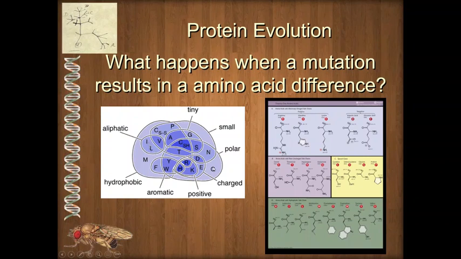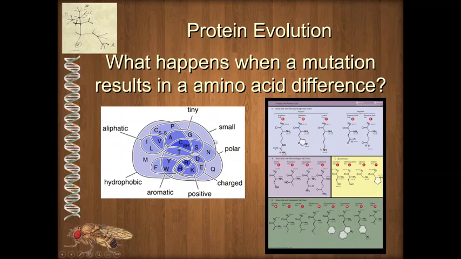But if I substitute something over here, I think that's glycine, I don't remember all of my abbreviations, if I substituted a glycine for a leucine, that is much more likely to have a more significant impact on that protein, because it's a very distinct, molecularly and functionally different amino acid.